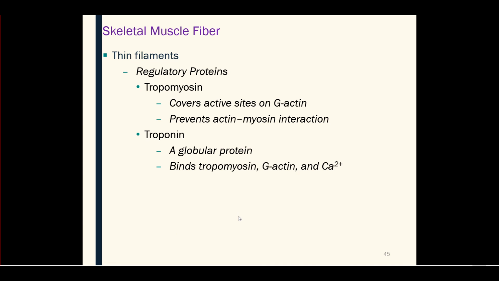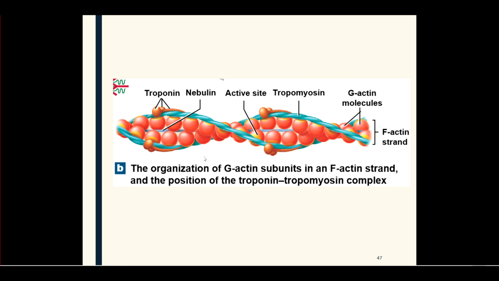So let's talk about these regulatory proteins. There are two regulatory proteins. Basically, they're the proteins that are going to allow muscle contraction to occur or not. The first one is known as tropomyosin. This is kind of like a braided strand that covers the active sites. Let's go back to the big picture. So this braid right here, this is a protein.